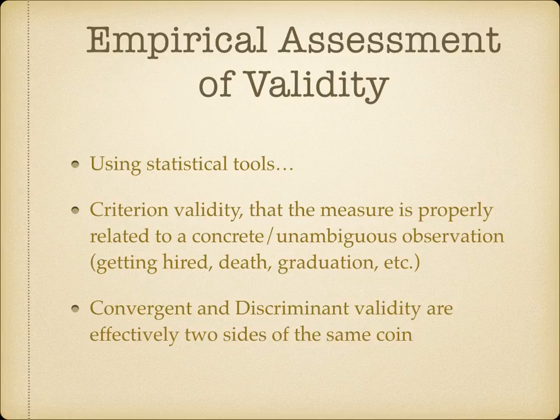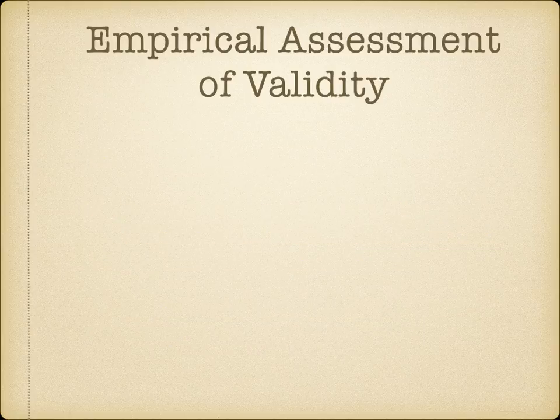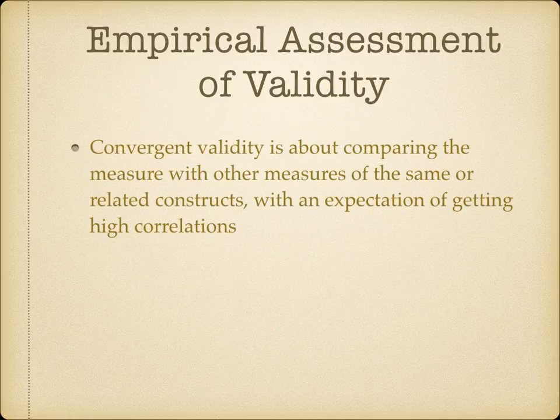Convergent and discriminant validity are effectively two sides of the same coin, and we'll get into some details about them right now. Convergent validity is about comparing the measure with other measures of the same concept or related concepts with an expectation of getting a high correlation. We want to see a high correlation. Now, this can be a high positive correlation or a high negative correlation depending upon which direction the other measures are going.